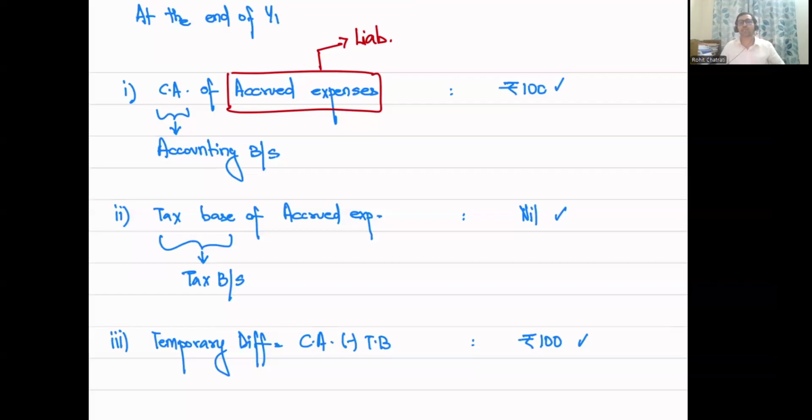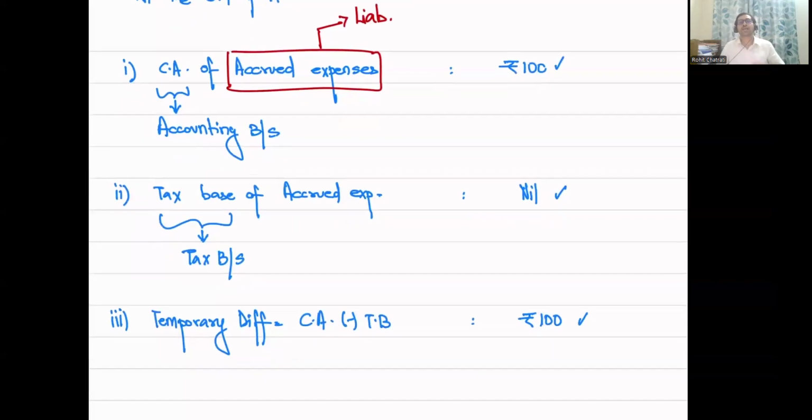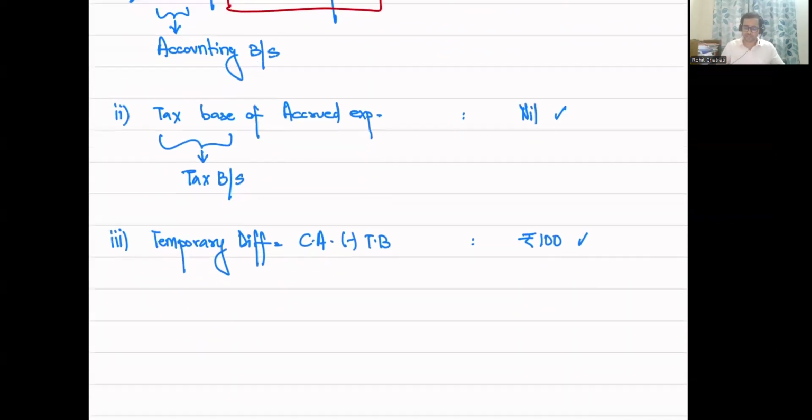What it means is a positive over here represents an amount that will be allowed as a deduction in future. Over there, positive was the amount that will be taxed in future in case of an asset, and negative was that where it will be allowed as a deduction in future. In case of liabilities, the logic is actually flipped.